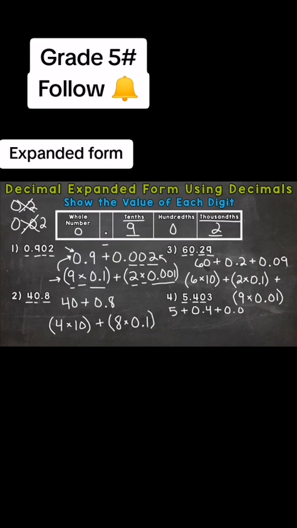So it has a value of 3 thousandths. And we can finish off with our parenthesis method here. So we have a 5 times 1, or 5 in the ones place, plus a 4 in the tenths place, or 4 times 1/10. And we wrap it up with a 3 in the thousandths place, or 3 thousandths.